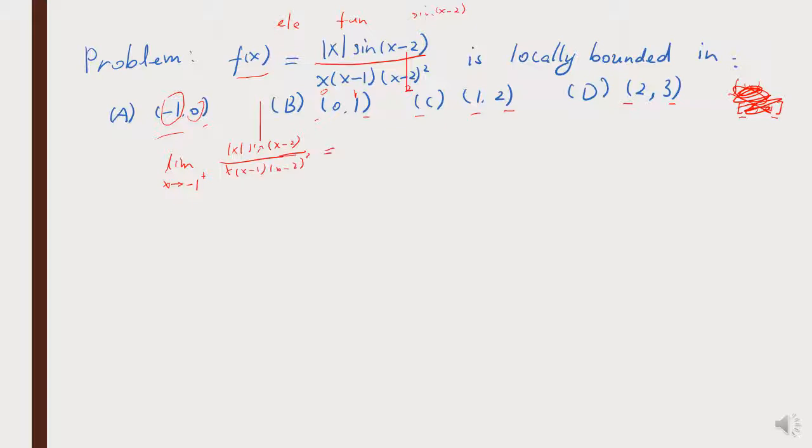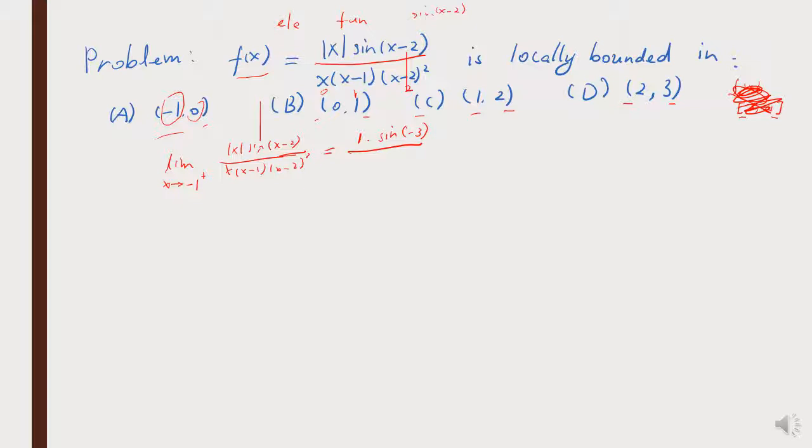Just some basic limit calculations. When x is approaching -1 from the right, the absolute value of x is almost 1, and then we have the sine of -3, because x is almost -1, and -1 minus 2 gives us -3.